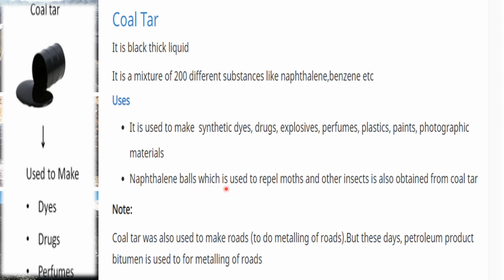Please make a note, coal tar was also used to make roads, for the metalling of roads. But nowadays, the petroleum product bitumen is used for metalling of roads.